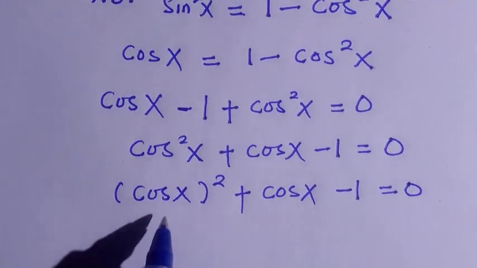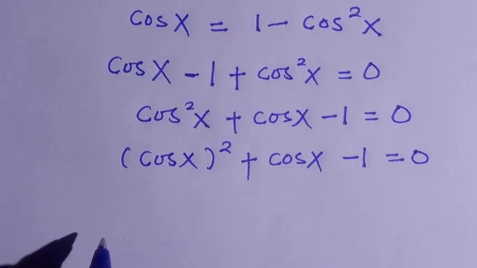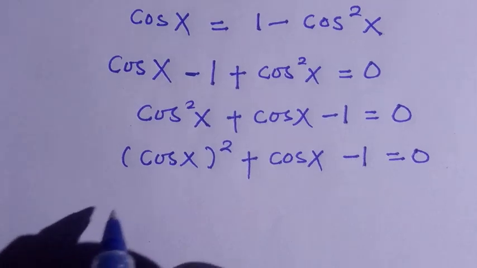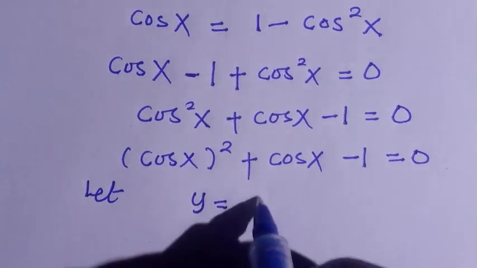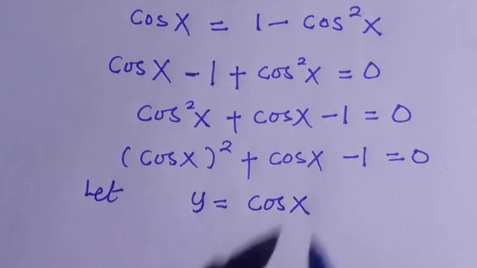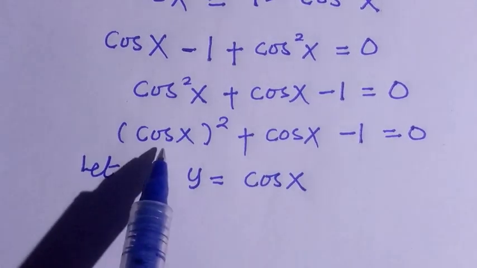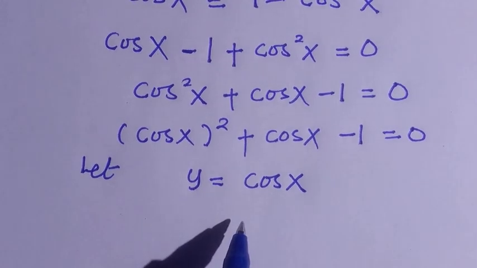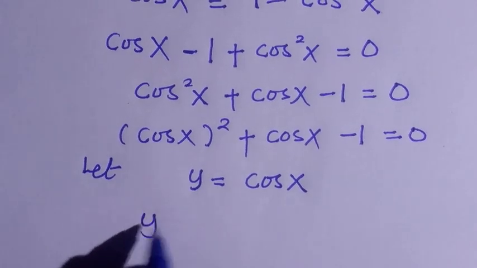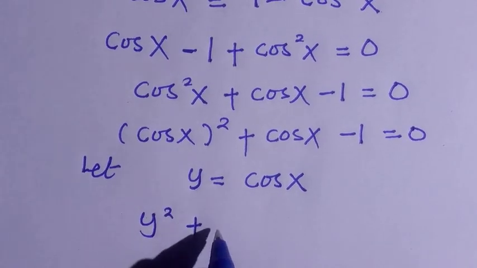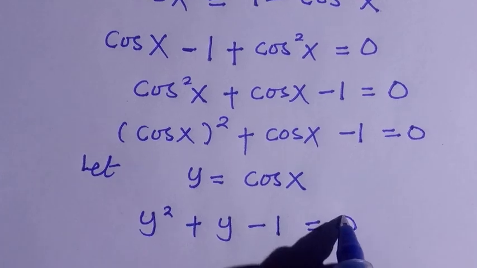And since we have cos x, which is common here, I'm going to replace it with another letter. Let y equals cos x, so anywhere I see cos x, I'm going to replace it with letter y, and therefore we have y squared plus y minus 1 equals 0.